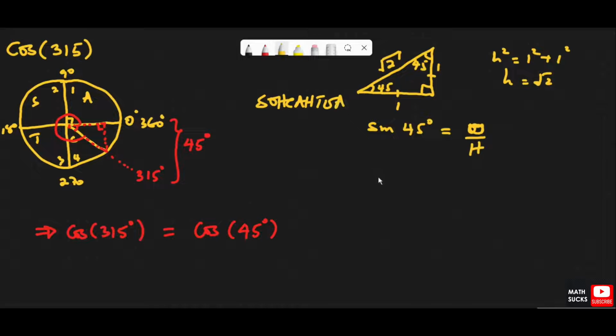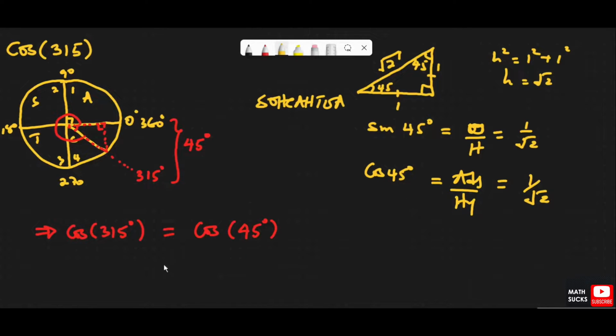So sine of 45 is the side opposite the angle over the hypotenuse, which is 1 over root 2. The same applies to cos of 45 degrees, which is the adjacent side, where the angle sits, over the hypotenuse, and this also gives us 1 over root 2.